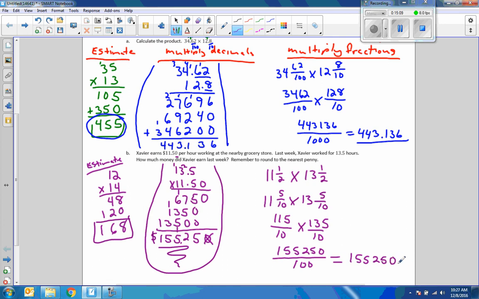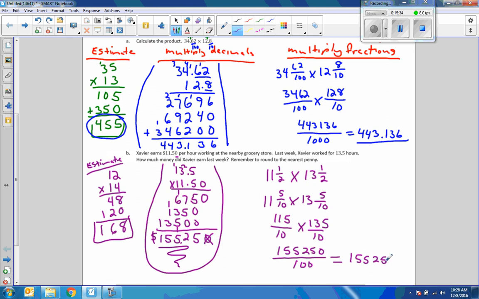Move the decimal 2 places, put it right here. I'm sorry, not the 0. Let me erase that. Okay. So now we have 1, 5, 5, 2, 5.